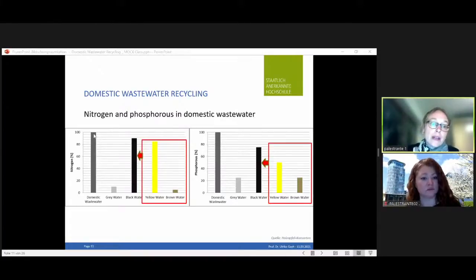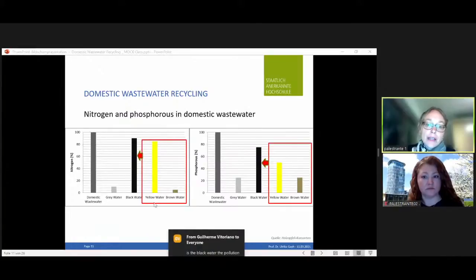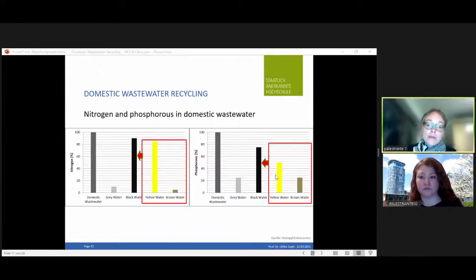When you have here on the y-axis, once again, the 100% of load of nitrogen, you see that the gray water is around 10%, and the black water contains around 90% of the nitrogen. And here, a lot of that is in the yellow water. The same or quite similar is true for the phosphorus. Here also, a lot of the phosphorus is in this yellow water.